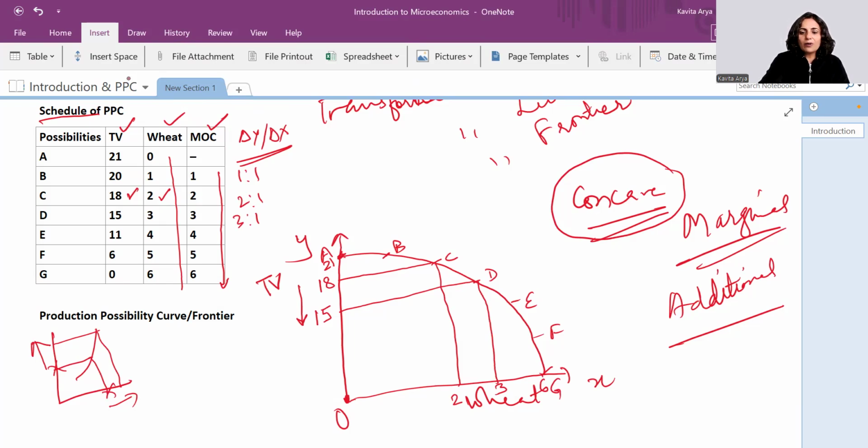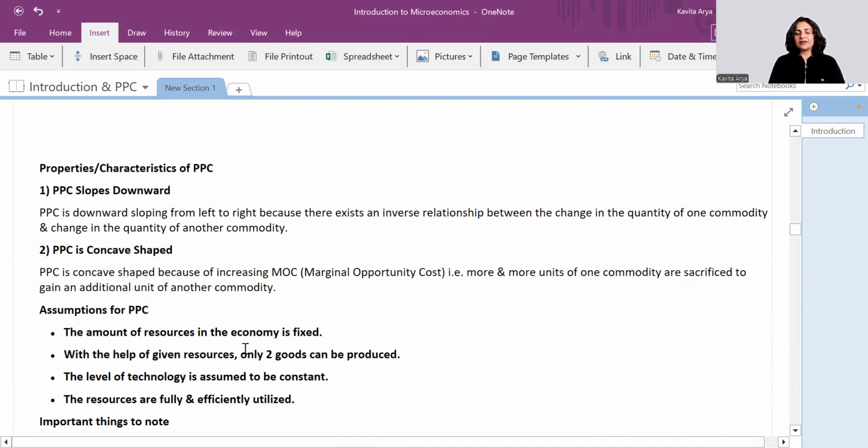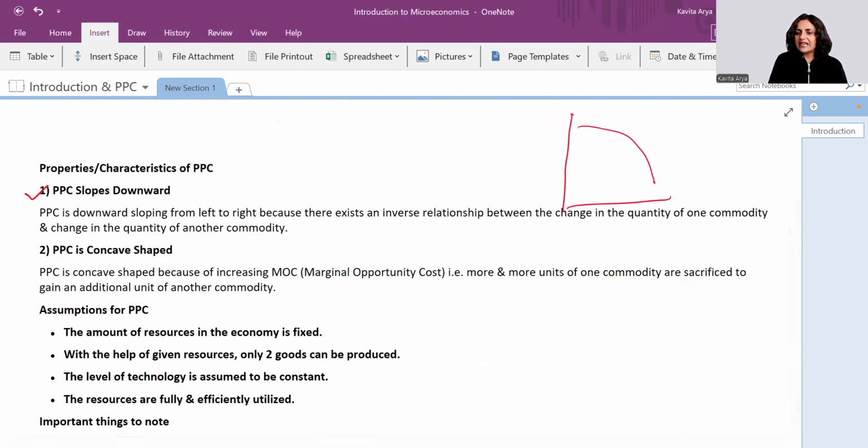When we talk about the properties of PPC, which is the most important part exactly asked in the papers, the first property is that PPC slopes downwards. Slopes downwards means simply this: take any two points of reference, say A and B, or A dash, A double dash, B dash, B double dash.